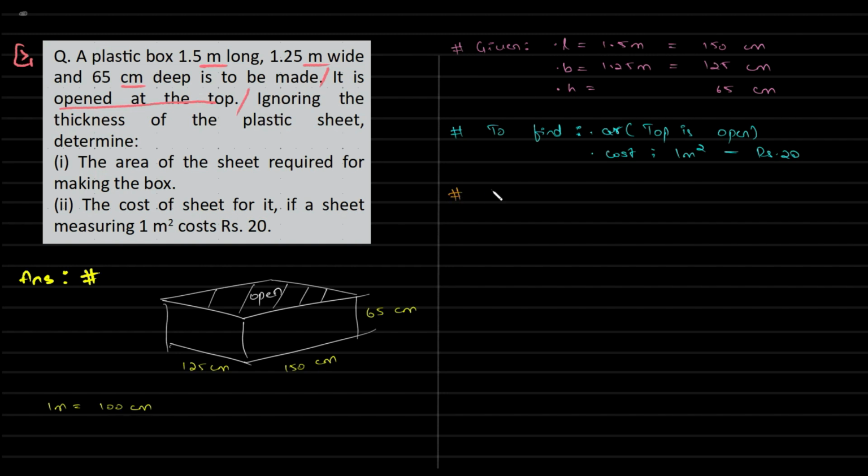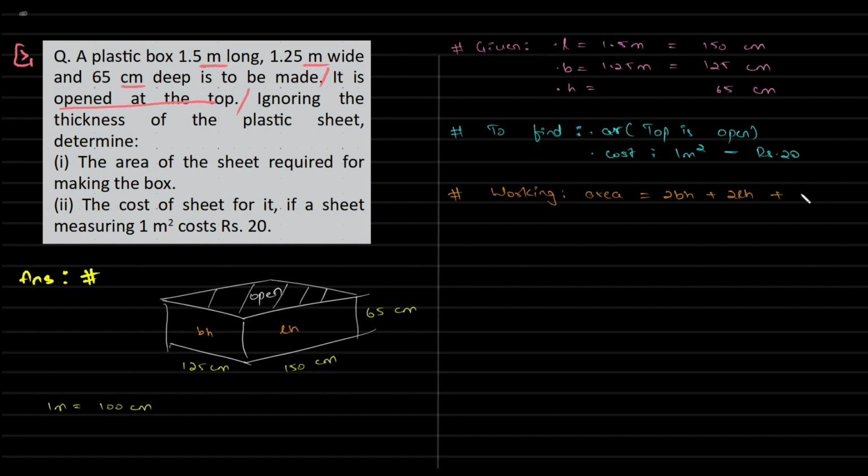And now the working. So area of this structure is, see, here is where you have to be careful. At the top, you have length into breadth. Everything else is B into H, L into H. So there are two of this. So 2BH plus 2LH.